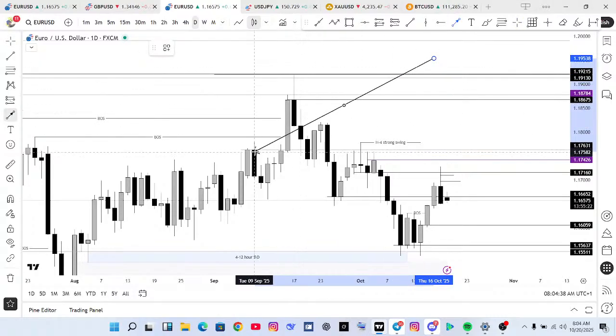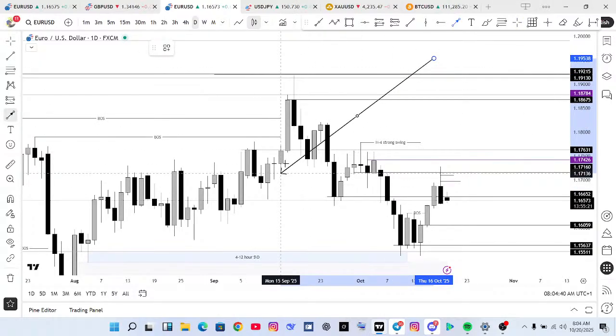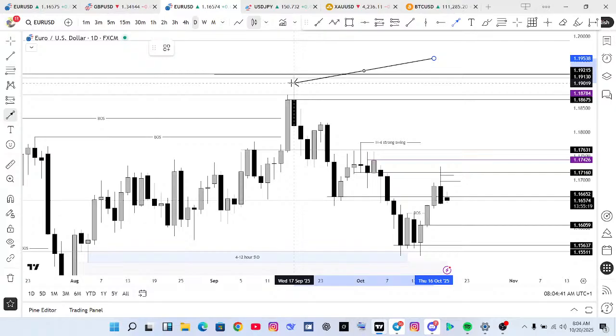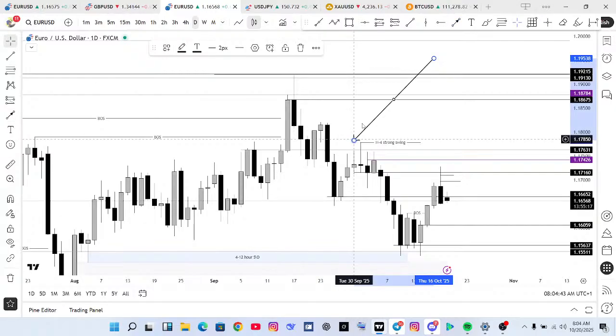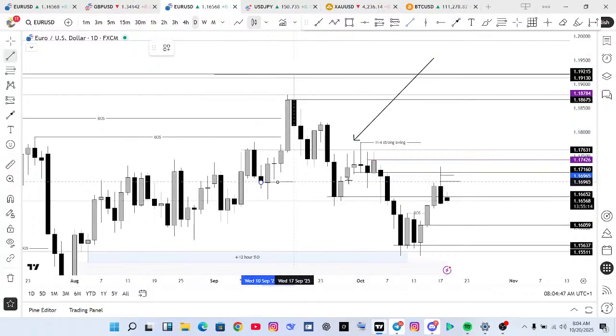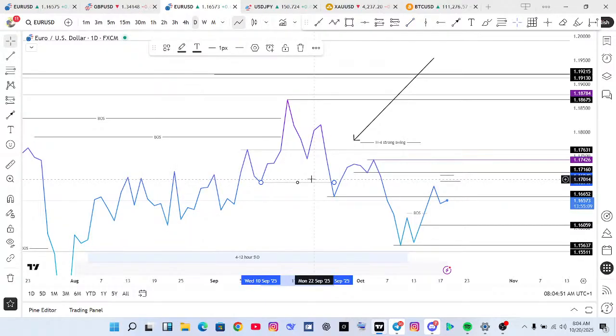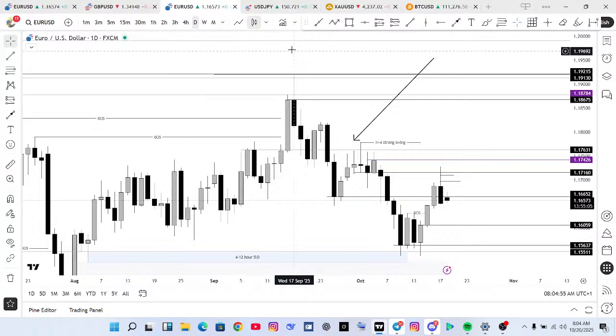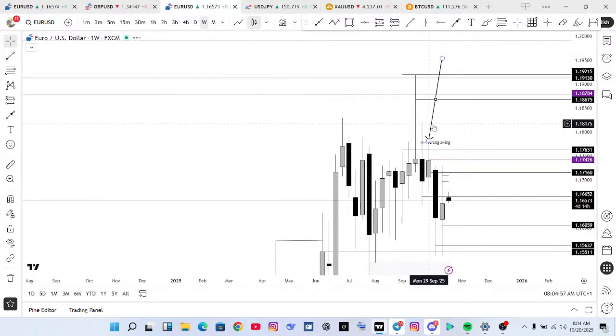So look at this. This is a break. You see where price broke this place here. So we have a break here. You see it. So now that means price is coming from up there.